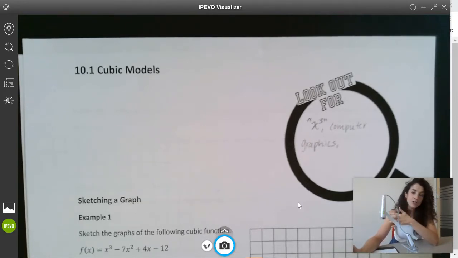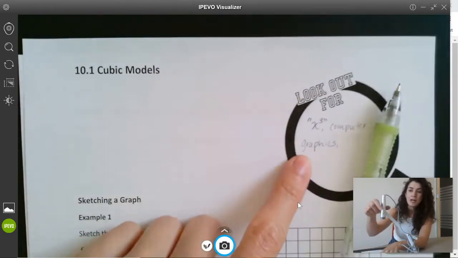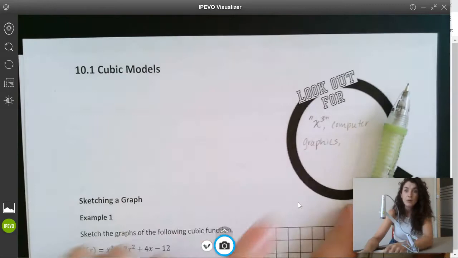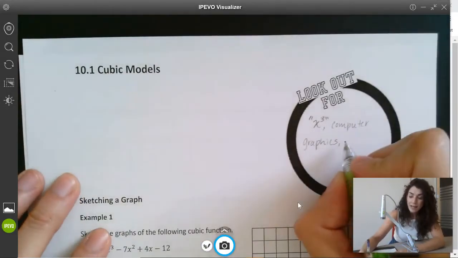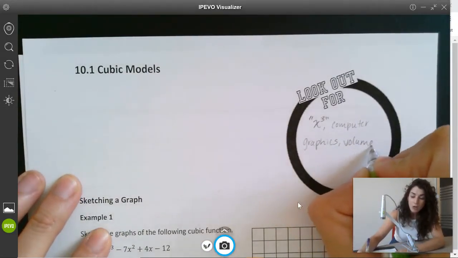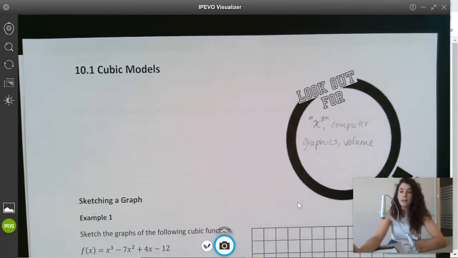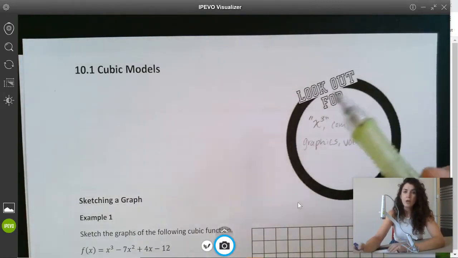And so 3D geometry, 3 dimensions, means that we're going to be talking about an exponent of 3, cubic modeling. On that same line, if we have anything about volume pop up in a problem, that is also going to be a cubic model.